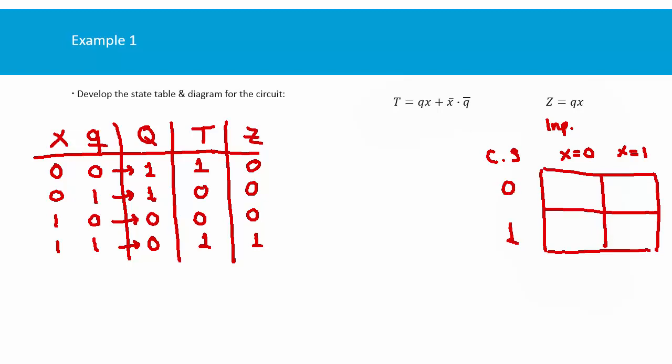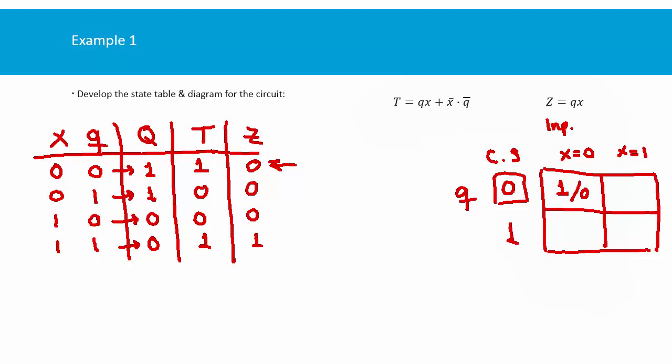Now here, how do you read it? Well, see this one here as q with small caps, and what you're going to write inside the cells is Q with capitals. So if you are in q 0 and you have an input of 0, that means you're analyzing this row. In this row, Q is going to be 1 and zeta is going to be 0.